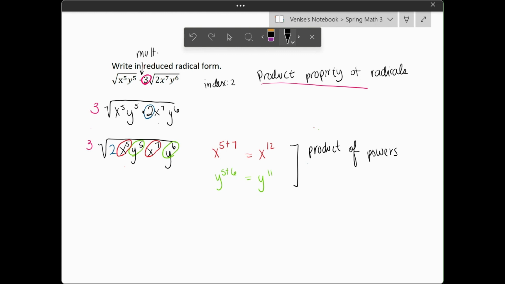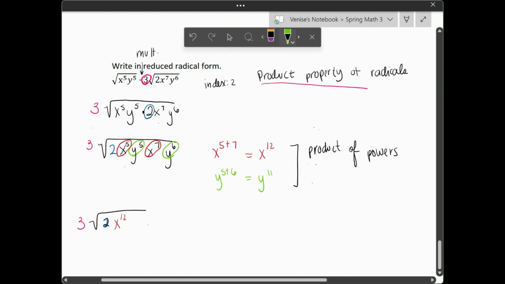So let's replace my x's and my y's. So I have 3 times the square root of 2 x to the 12 and y to the 11.